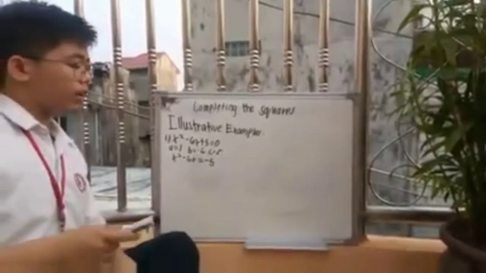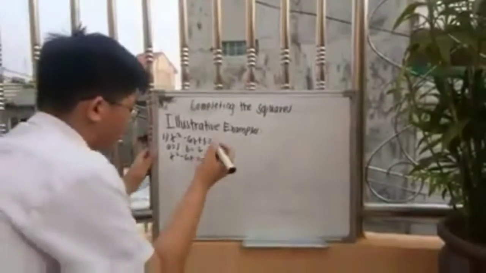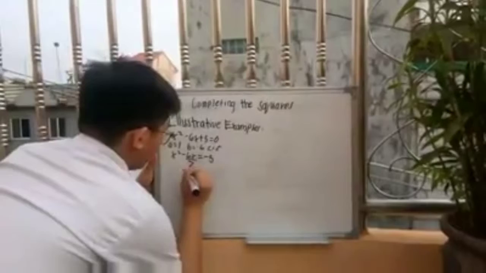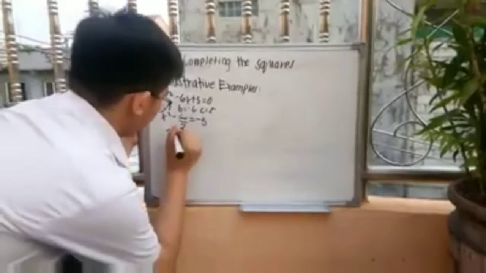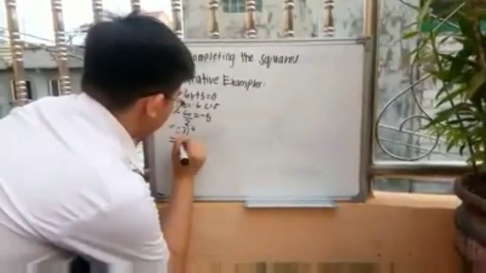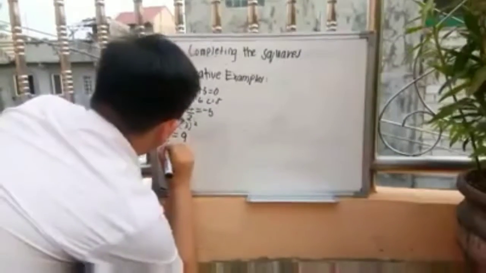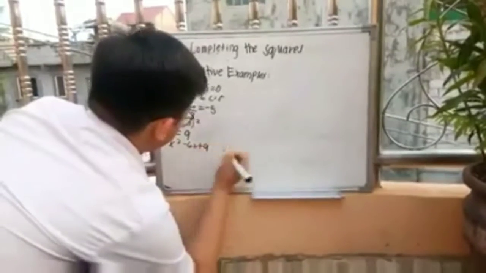To get the constant value, we need to get half of the coefficient of x. So it becomes negative 3, and then square. Negative 3 squared is equal to 9. So your perfect square trinomial now is x squared minus 6x plus 9.